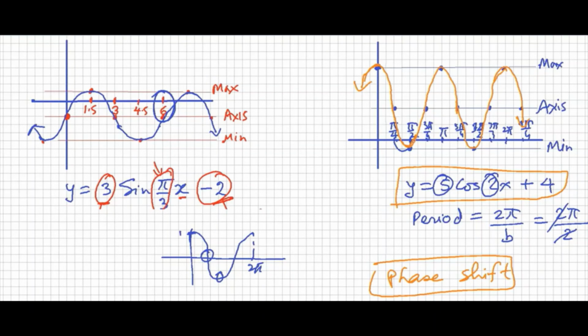So this is how the graphs are drawn for sinusoidal functions. Step number 1, draw axis, then add amplitude to get maximum, subtract amplitude to get minimum, draw those 3 lines. Then decide a period. For period, this is the formula: 2 pi divided by b if you're using radians, 360 divided by b if you're using degrees. In this whole example, I have used only radians. And then you get the period of the graph. Then divide that period into 4 equal parts.